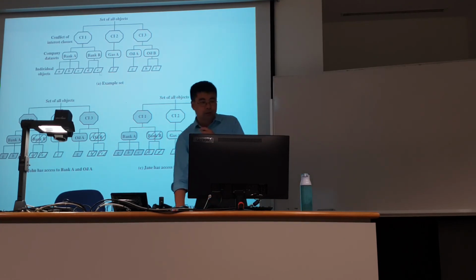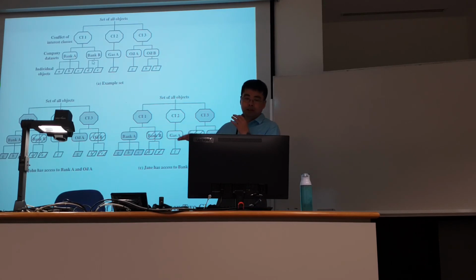So for each class, if the subject accesses any one data item below one conflict of interest class, then all the other items in the same COI class now become inaccessible by the user. This is the central idea of the Chinese wall model.